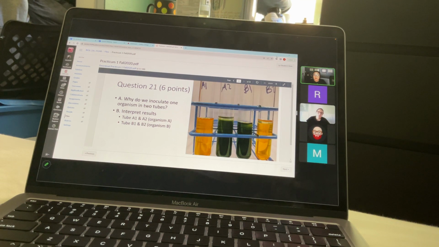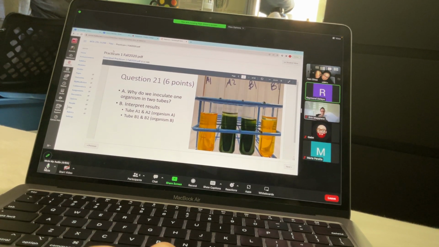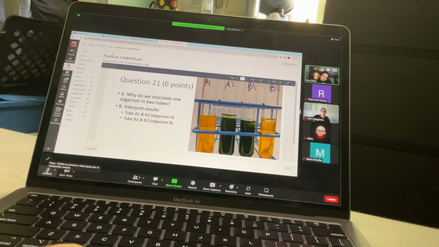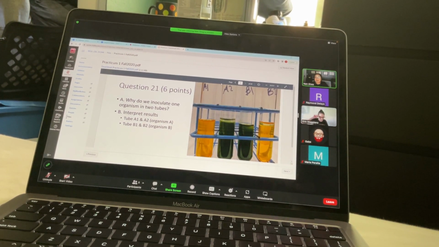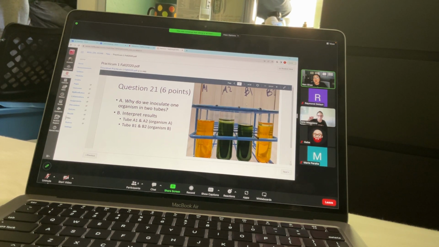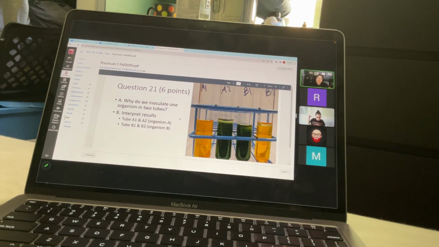And this next one, what test is this? The oxidative fermentation test. Yes, the oxidative fermentation test. A1 and A2 is organism A, B1 and B2 are organism B. So then I ask you, why do we inoculate one organism into 2 tubes?